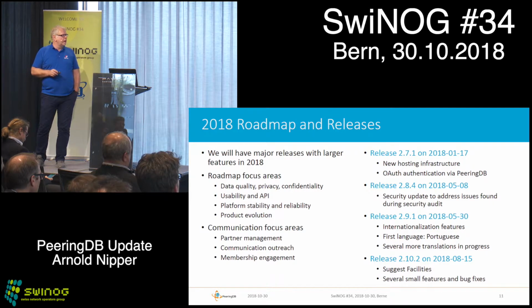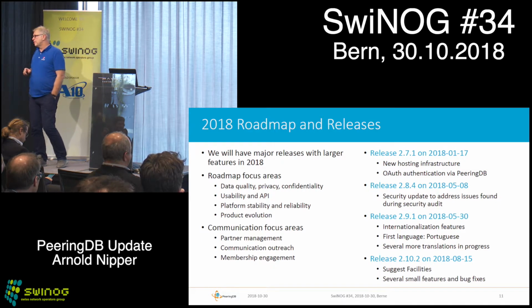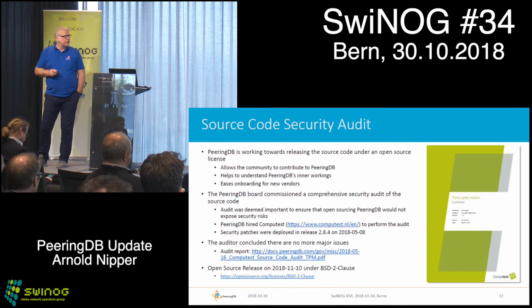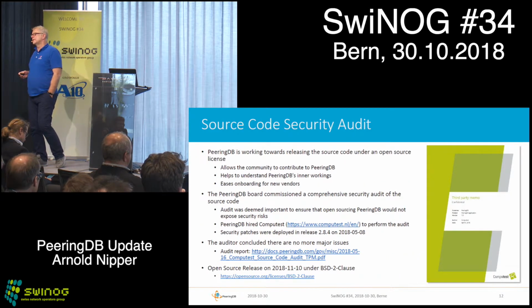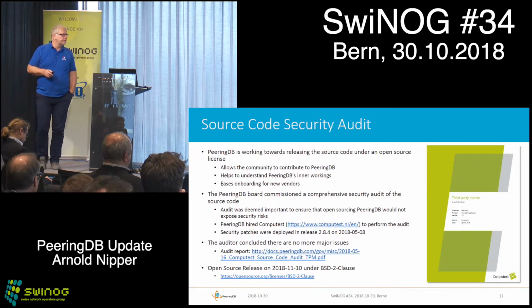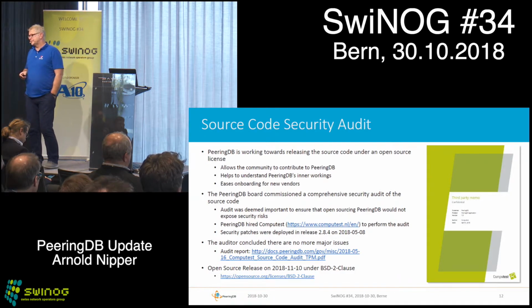So what I would now concentrate on is the internationalization, and the security update to address issues from the security audit. Why did we do the security audit, or source code audit? We did it because we want to make the PeeringDB code open source.